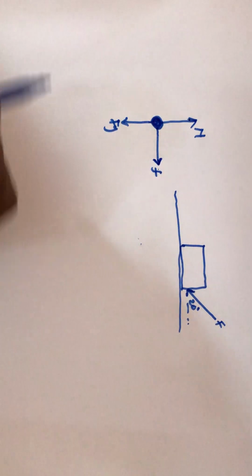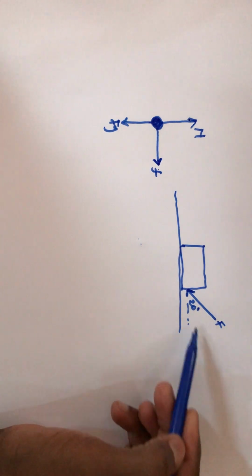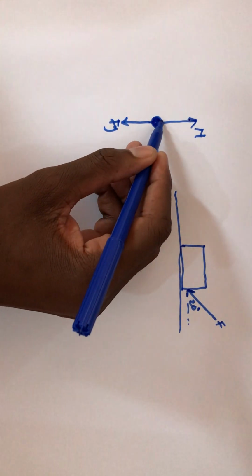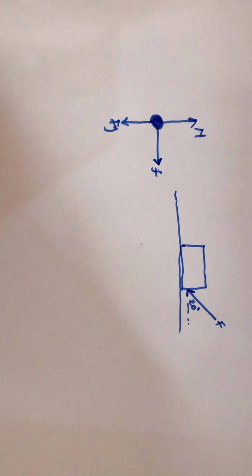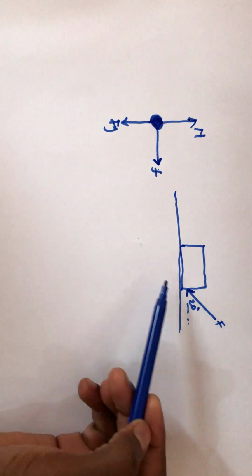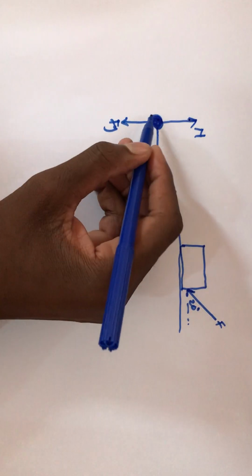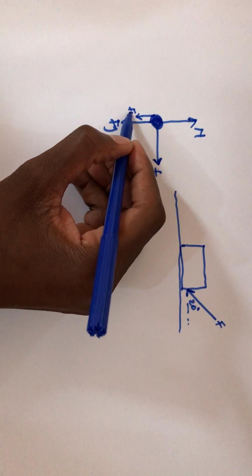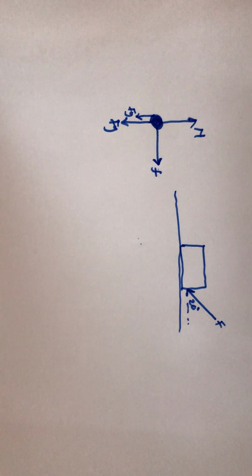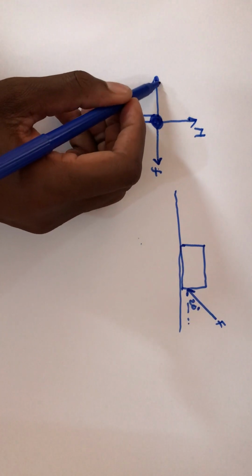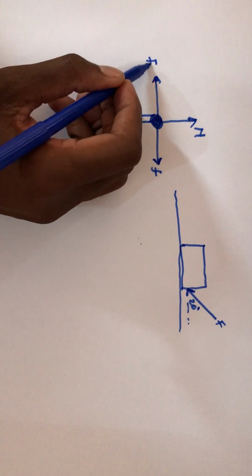Remember, this is a two-dimensional force. That means we have to take its components, a vertical component and a horizontal component. Since the force is acting down at an angle, we have Fy going down, and Fx going straight to the left.